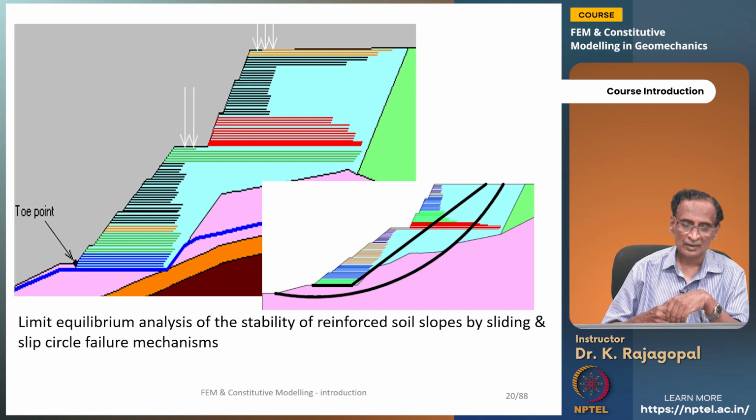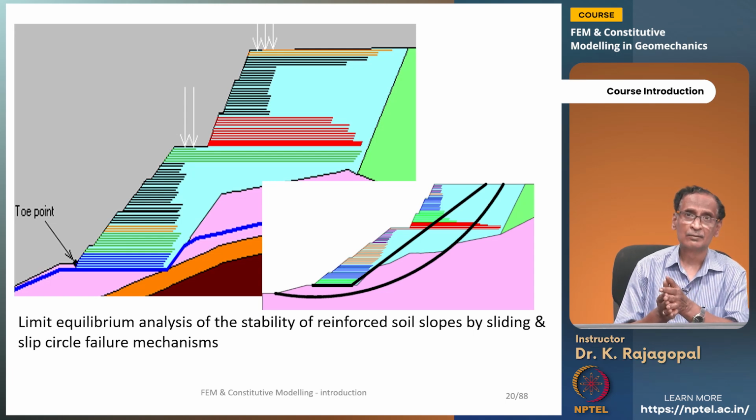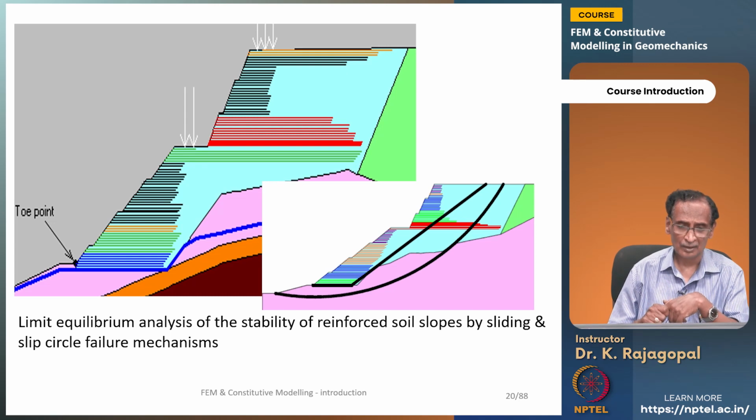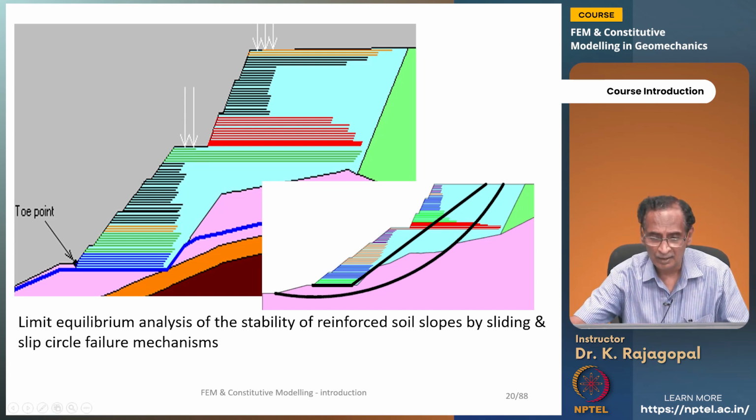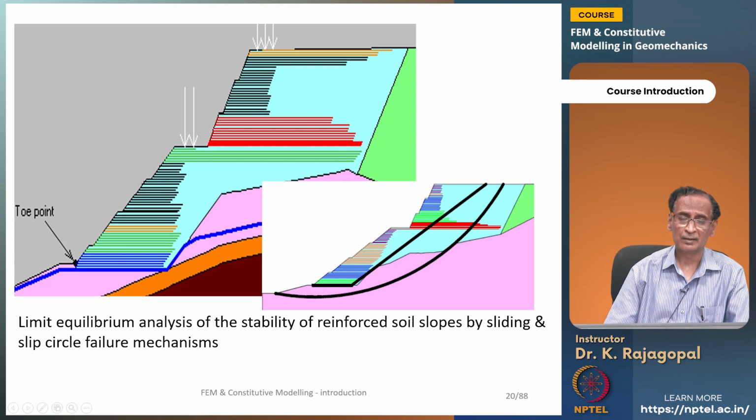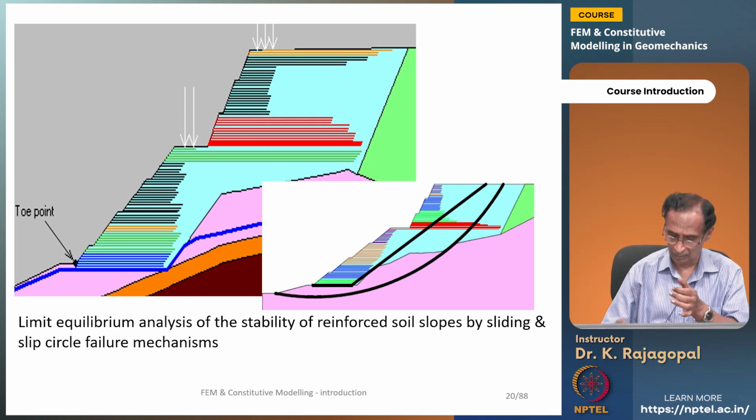And so we can do the analysis either by limit equilibrium method, like our slip circle analysis, either by assuming slip circles or by bilinear sliding mechanism like this, and we can calculate our factors of safety and so on.